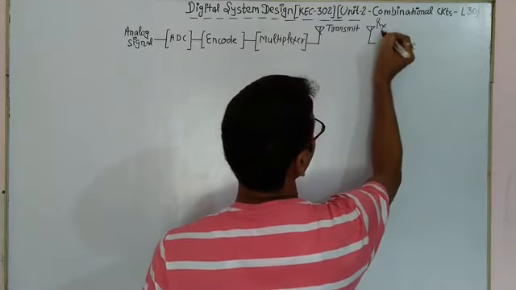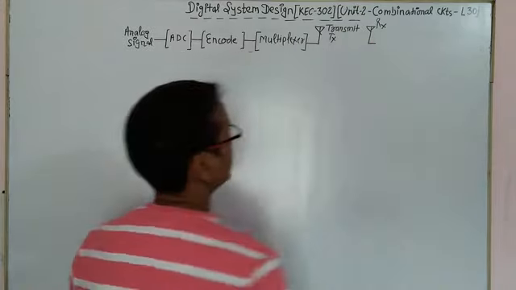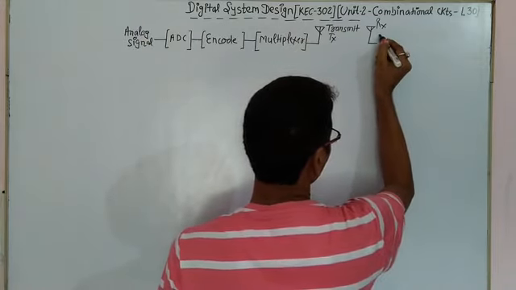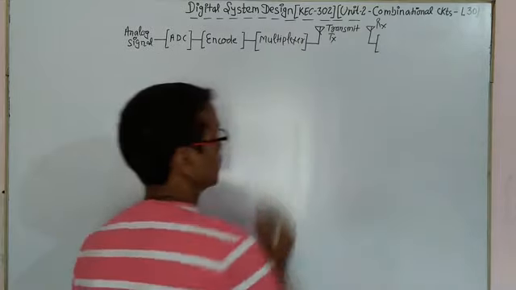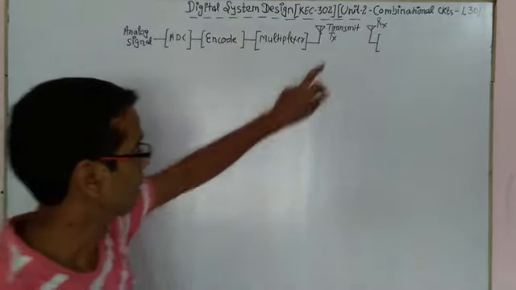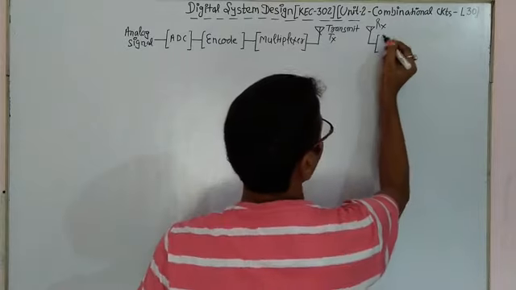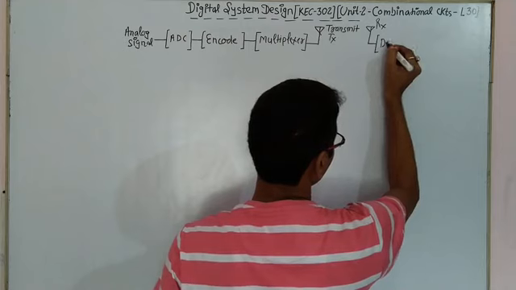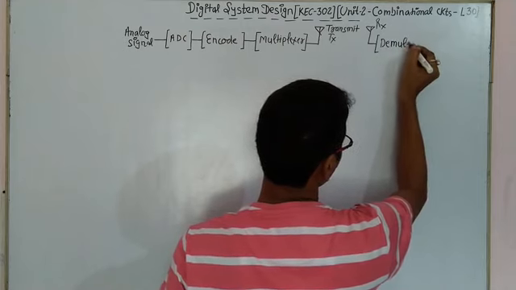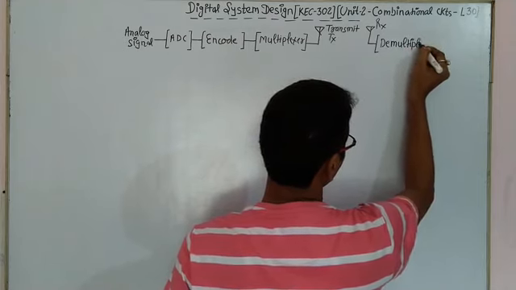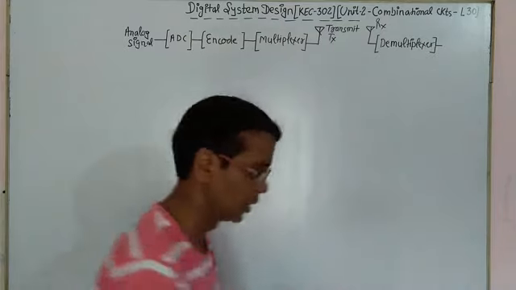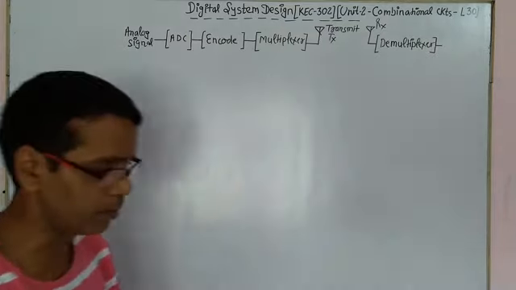This is the transmitter, this is the receiver, and at the receiver you will need a demultiplexer. The working of demultiplexer is the reverse of this multiplexer.